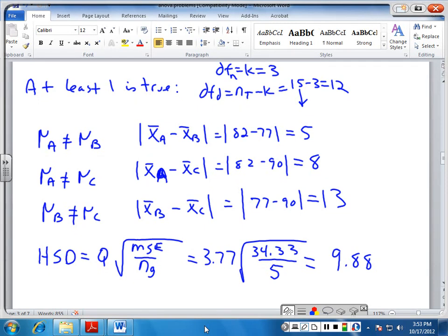And so I'm going to compare that 9.88 to the differences we did get between sample means. And only one of those exceeds the 9.88. So the only difference between population means that we can discern statistically is the difference between groups B and C.